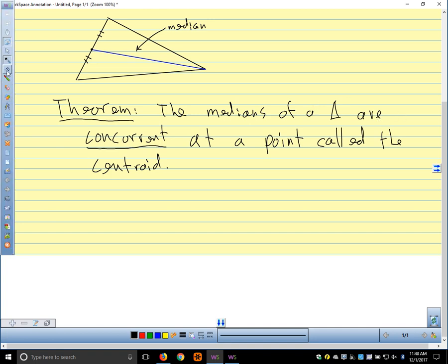I'll write down in just a second several things that are special about a centroid, but let me draw a picture here. So here's my triangle. I'm going to draw all three medians.